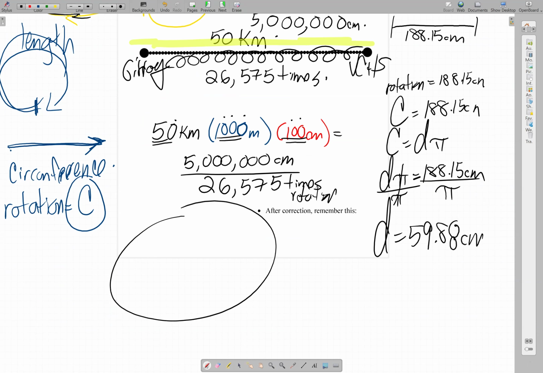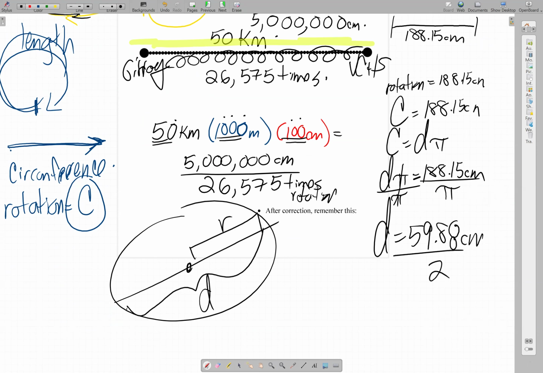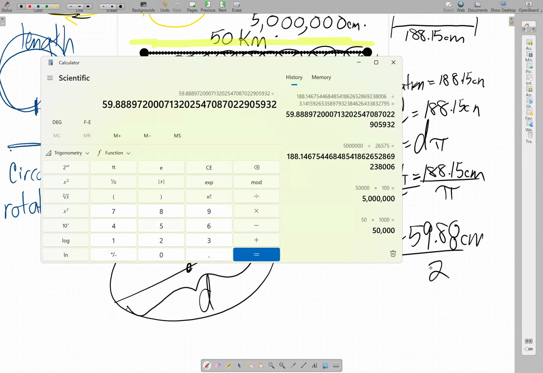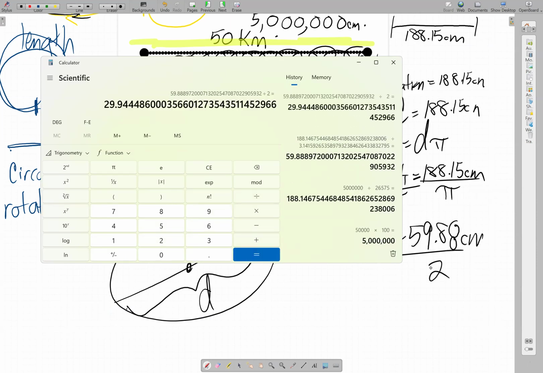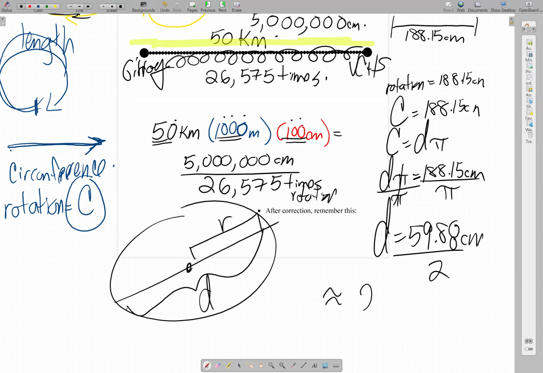And the ultimate question was not diameter. The ultimate question was radius, which is half of the diameter. So I divide that by 2, and I get approximately 29.9 cm for my radius.